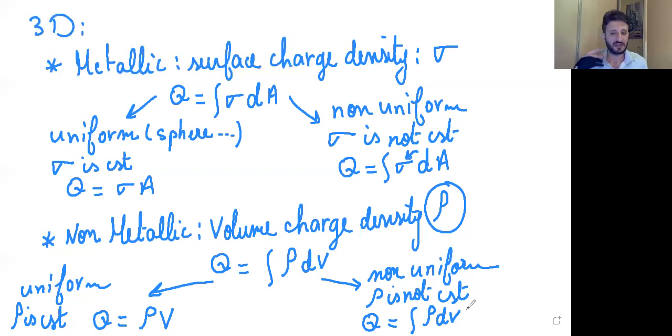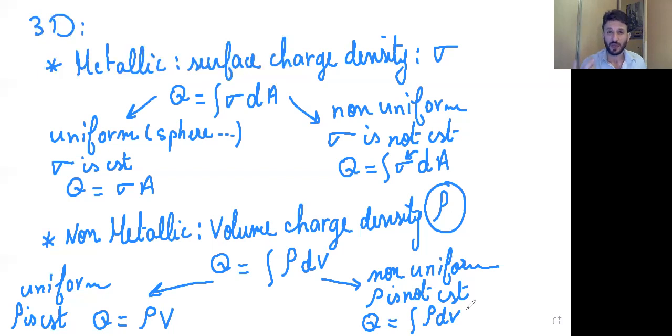Please listen to the video again. You have to understand each case well. In problems, you have to understand if we have a one-dimensional, two-dimensional, or three-dimensional object, and for each case, you have to know very well if it is uniform or non-uniform, and whether you have to use lambda, sigma, or rho.